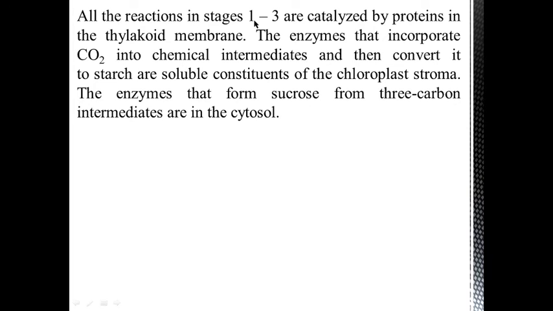All the reactions in stages first and third are catalyzed by proteins in the thylakoid membrane. The enzymes that incorporate carbon dioxide into chemical intermediates and then convert it to starch are soluble constituents of the chloroplast stroma. The enzymes that form sucrose from 3 carbon intermediates are in the cytosol.